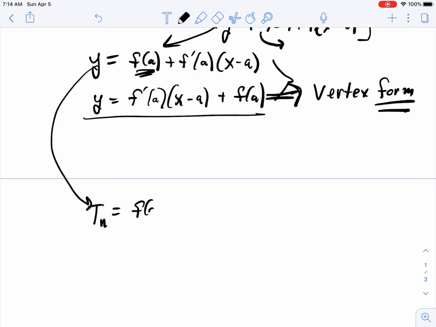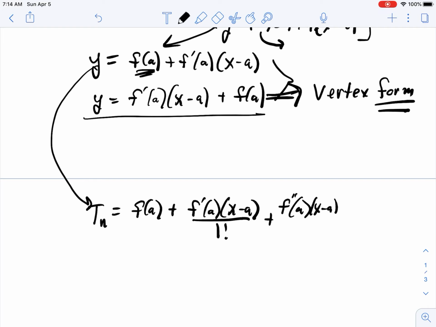So a Taylor series of, let's say, n terms would be f of a plus f prime of a times (x minus a) over 1 factorial, and then you go f double prime of a times (x minus a) squared over 2 factorial, and then f triple prime of a times (x minus a) cubed over 3 factorial, and you can keep on going.